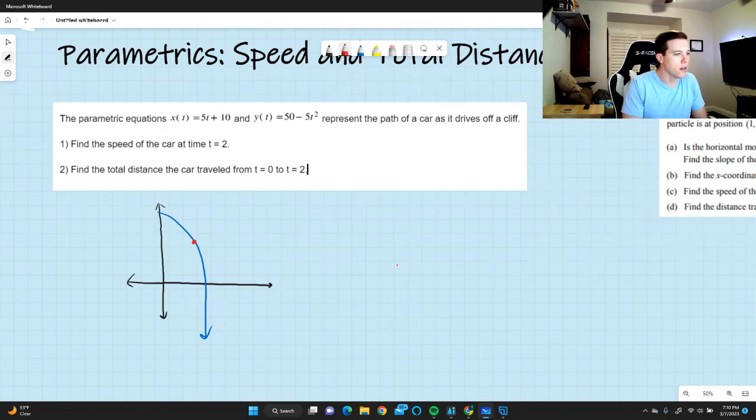Well, here's the idea. If I find x prime of t, which is the velocity of the position of x, you get 5. That means at this instant, there's a force pulling me in this direction at a rate of 5 units per unit, whatever it happens to be. Similarly, I can find the vertical rate, and you get negative 10t.